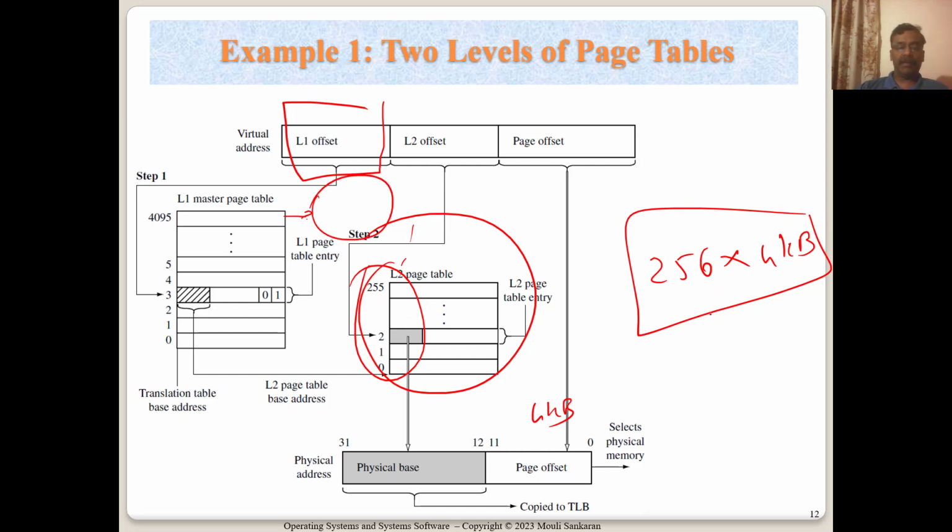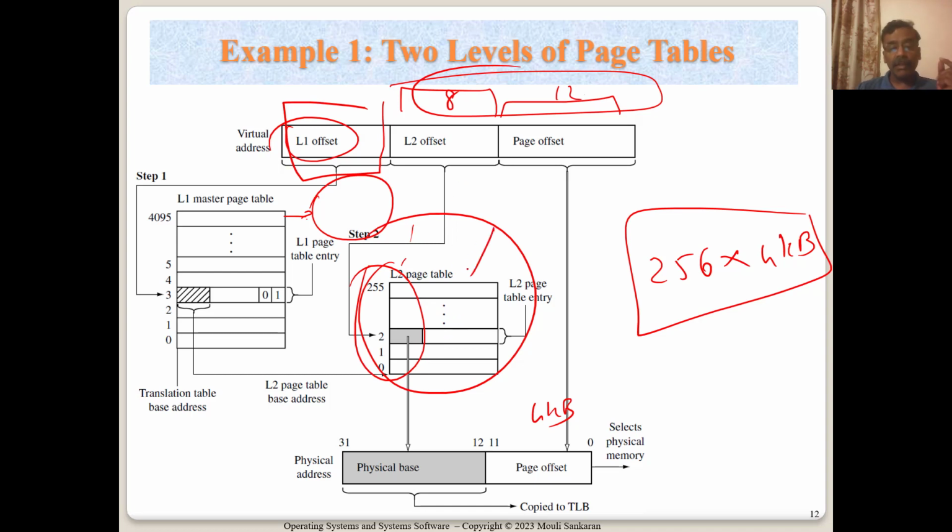The 4 kilobytes comes from these 12 bits, and the 256 comes from this. So 8 plus 12, whatever is remaining on this side, is the size covered by every entry of this higher level page table. Whereas if you only refer to this page table, each of the entries refers to only 4 kilobytes. So that is how you have to see it.